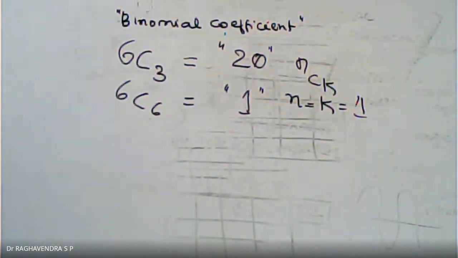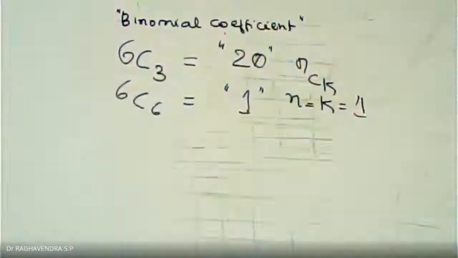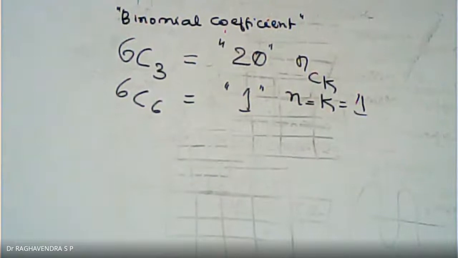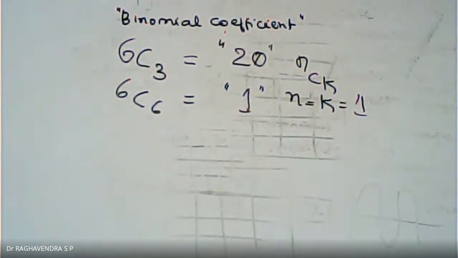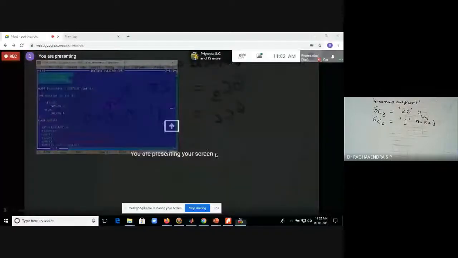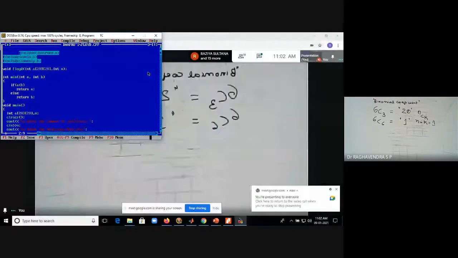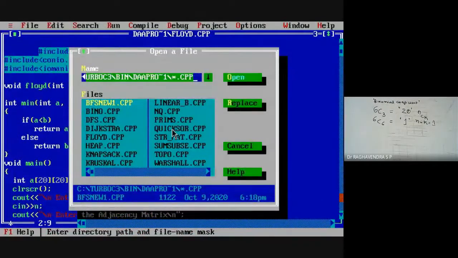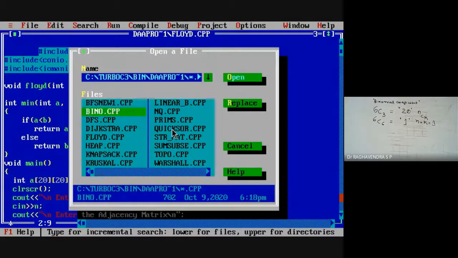So I'm going to execute this binomial coefficient. So let us find out. We are going to obtain the same results. So I'm going to take the binomial coefficient now, that is binom.